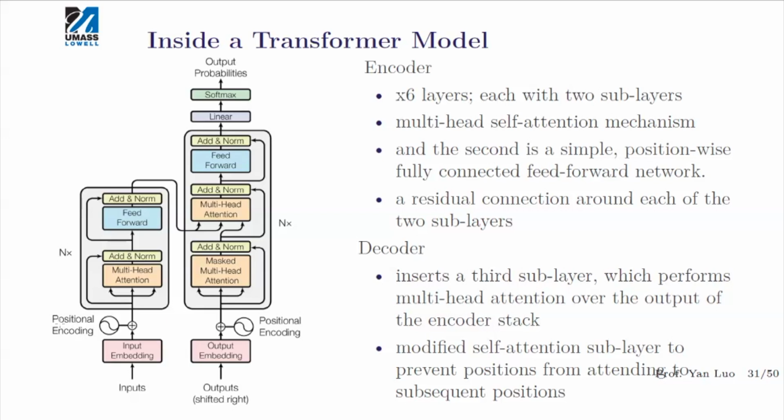Then we have an additional function called positional encoding. This positional encoding is really to look at these input vectors, because each token may appear in a different location in a sentence.